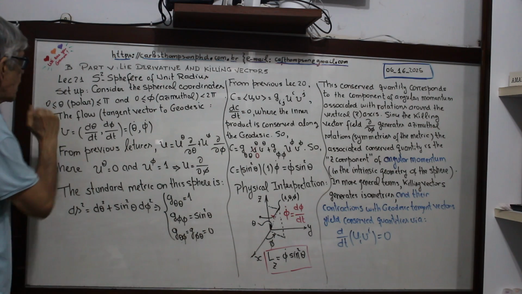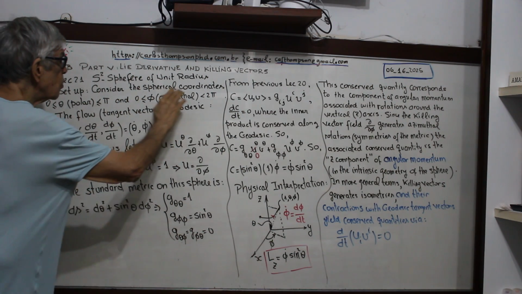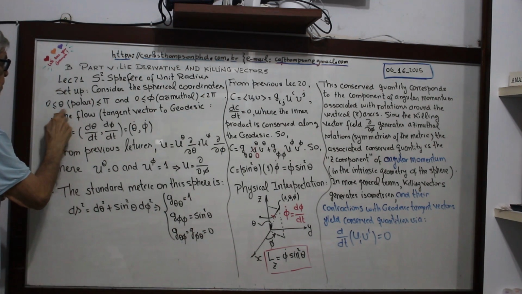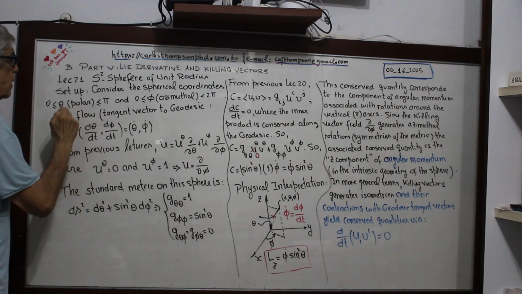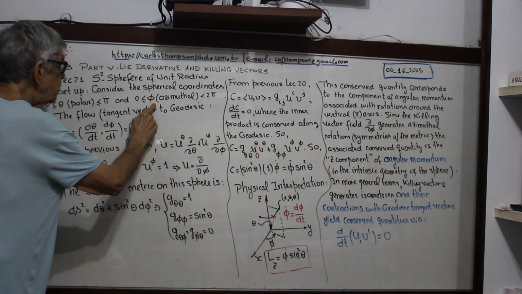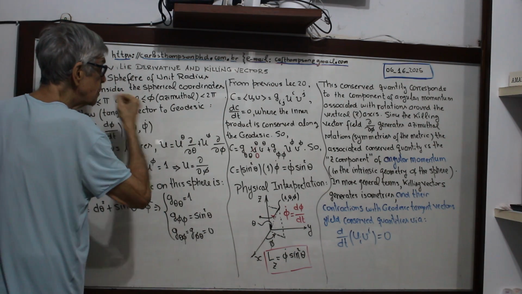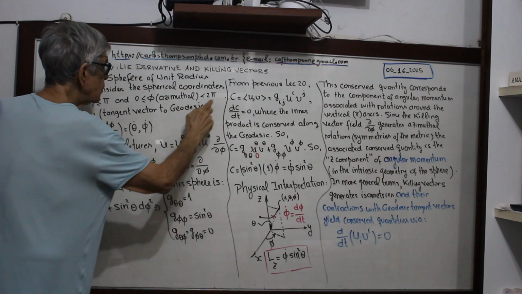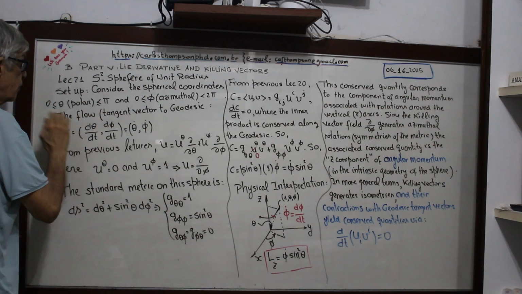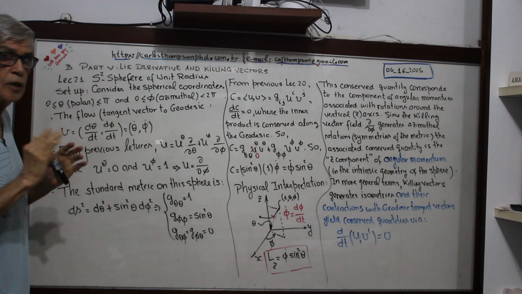Now, set up. Consider the spherical coordinates. Theta is a polar coordinate between 0 and pi, and phi is the azimuthal coordinate between 0 and 2 pi.